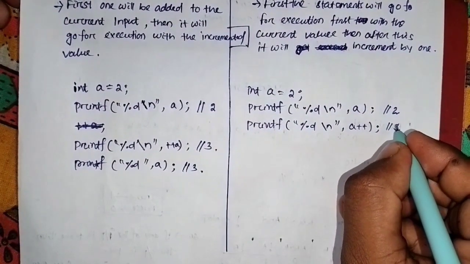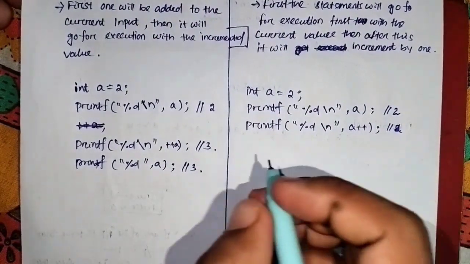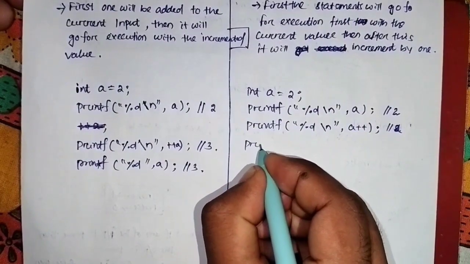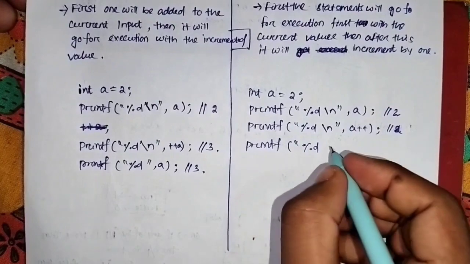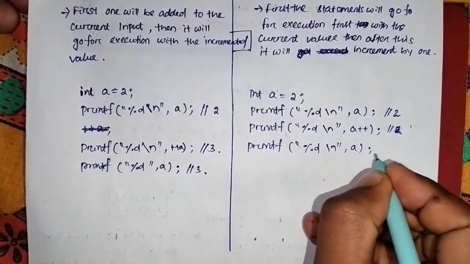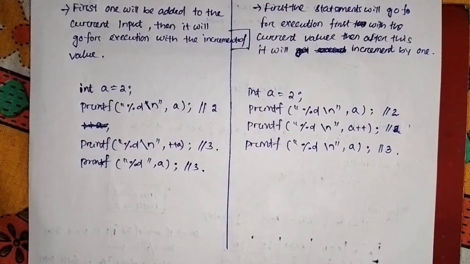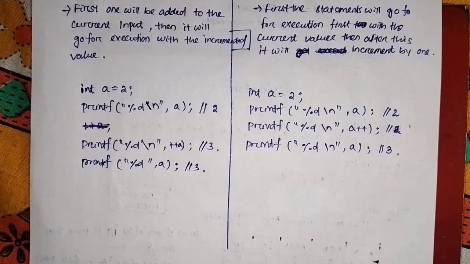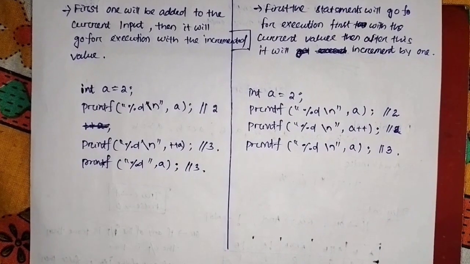The statement is to print something, so it has to print the value of a first, then the value of a is updated after the print to a+1, that is 3. So if we write another statement printf("%d\n", a), it will give 3, because the value is updated to 3.